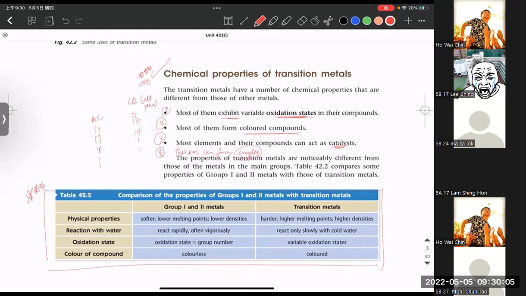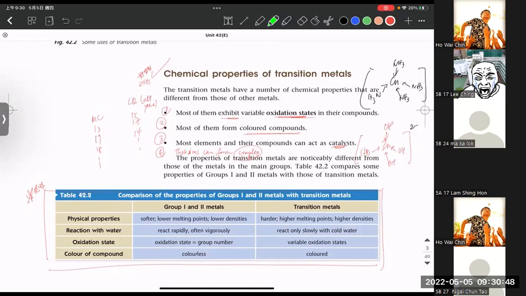So what is meant by a complex? For example, zincate, plumbate. Have you ever heard of that? Do you still remember what that is? It comes from the reaction between metal ions and alkali, giving for example zincate, ZnO2 2 minus. And you may have heard of one more chemical, tetraammine copper(II) ions.